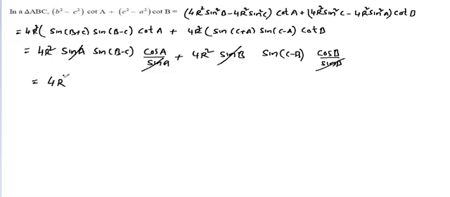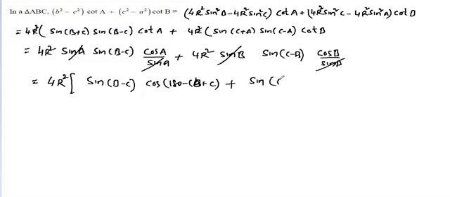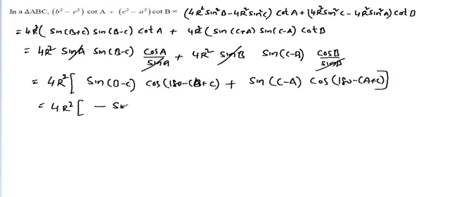That is equal to again 4R² common, that is sin(B−C) into cos A, that is written as cos of 180 minus (A+B+C) plus sin(C−A) into cos B is cos of 180 minus (A+C), that is equal to 4R² into sin(B−C) into minus cos of 180 minus theta, that is second quadrant, minus cos, that is minus sin(B−C) into cos(B+C).